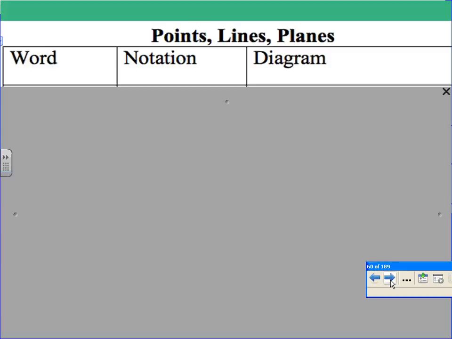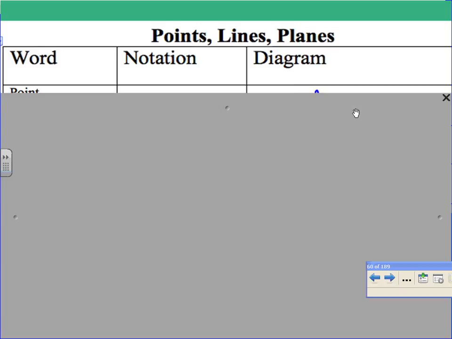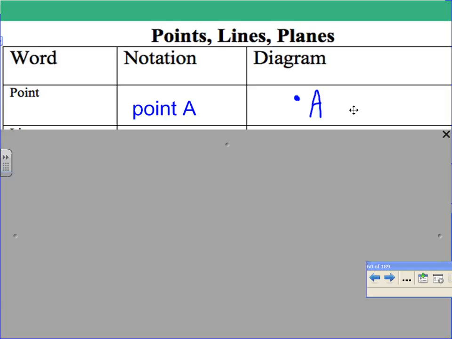All right, so starting with, there's a big box on page 9 that just says word, notation, diagram. So this is really easy. Are you ready for this? Point. Wow, what's a point? Well, you could use the notation point A. This is what a point looks like, okay? Here's a point. Now I'm serious. This is part of this class.